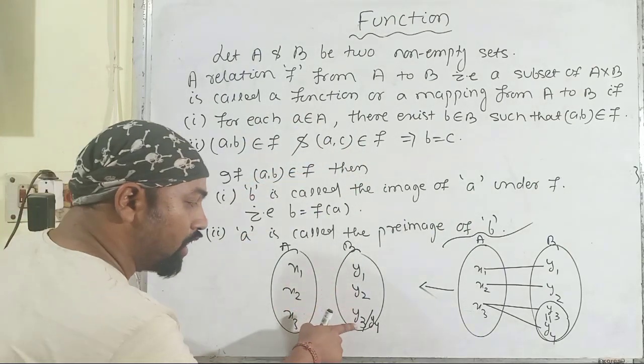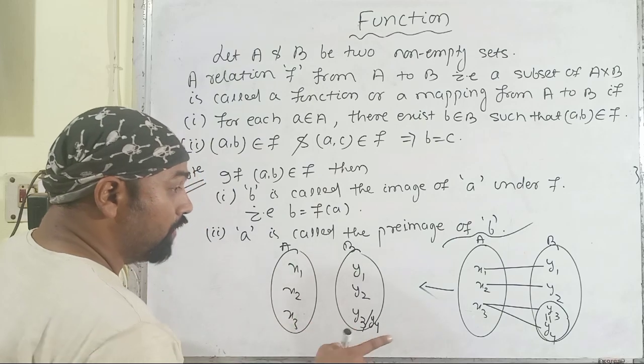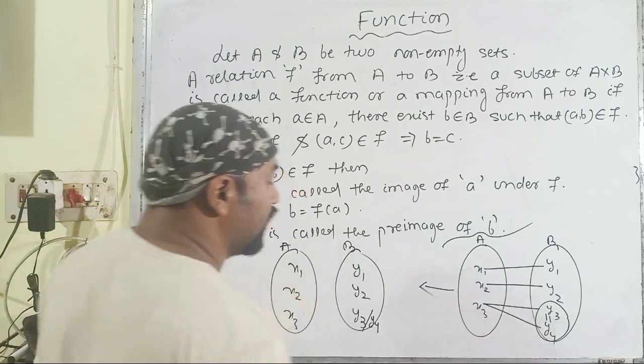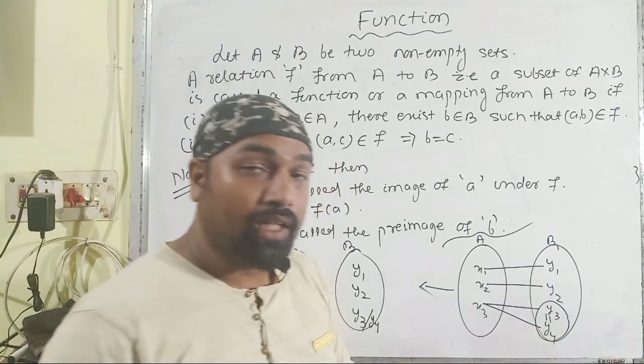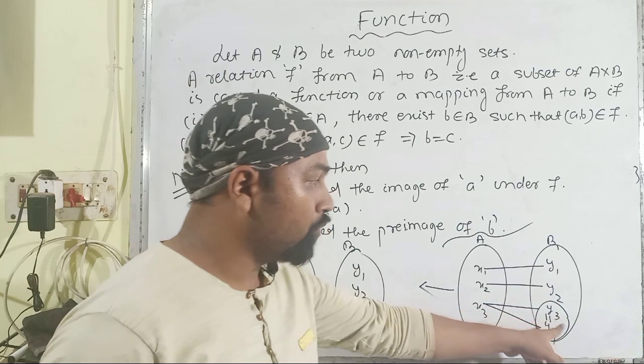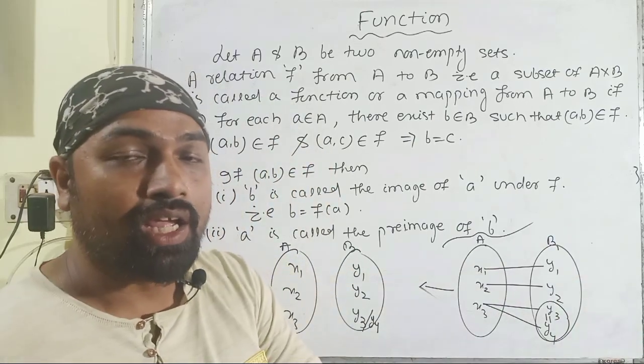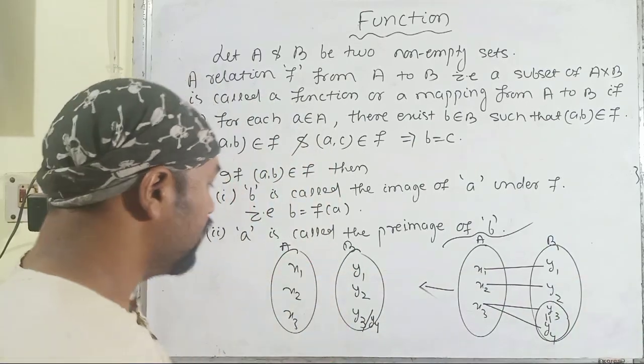You have to write down either y3 or y4, because if x3 is making two ordered pairs with two elements present in the second set, then both of the elements present in the second set are equal with each other.